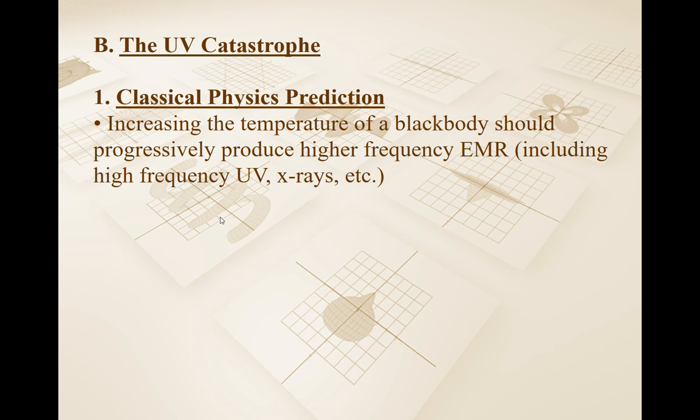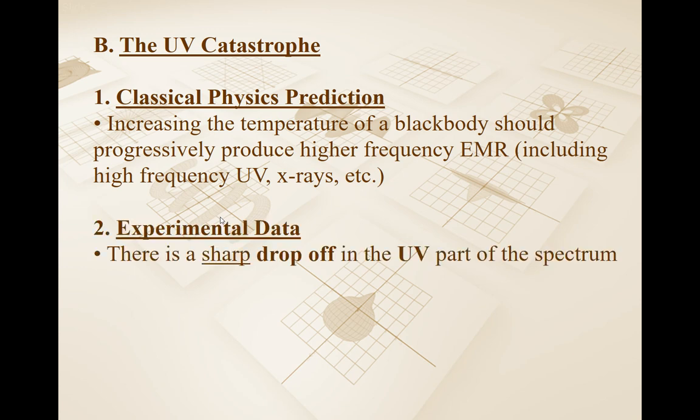So as temperature goes up, we should eventually get high frequency UV, X-rays, gamma rays, etc. But no matter what we do with the temperature, we cannot get anything even starting in the high UV range. Experimentally, there's always a sharp drop-off in the UV part of the spectrum.